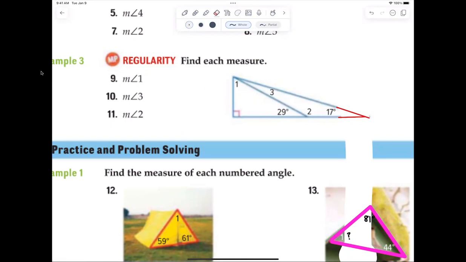Okay, so with that being said, angle 1 must be what? 61. Anybody else get 61? Angle 2 would be what?